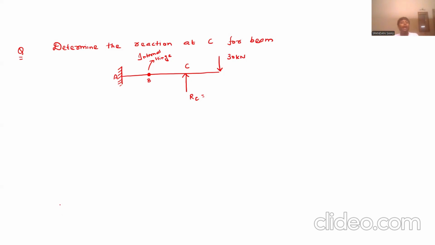Now tell me, at the internal hinge, what will be zero? We have read that the bending moment will be zero at point P because of the internal hinge. So if you write summation of moment about point B equal to 0 from the right hand side, you will get RC into 1 meter.